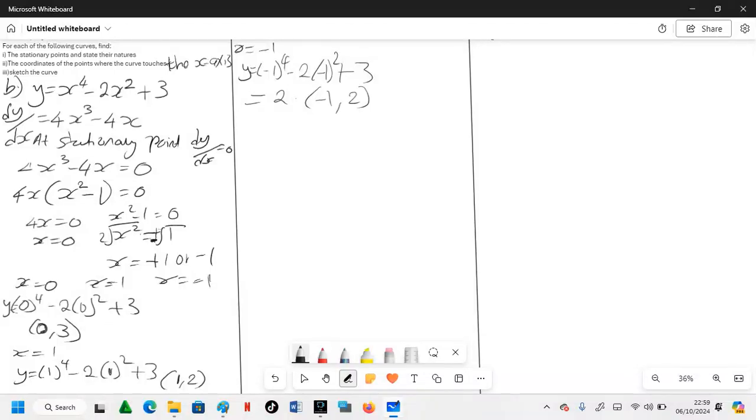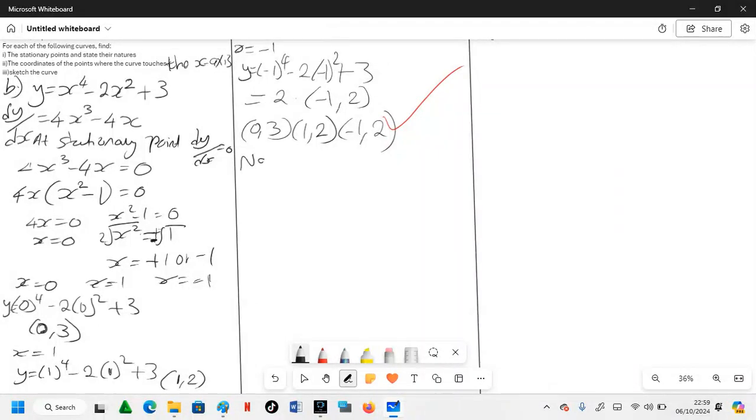So we have 3 stationary points basically. We have 0, 3. We have 1, 2. And we have negative 1, 2. So if you have that one, you can give yourself a tick. Alright. So let us go to the next part of the question.